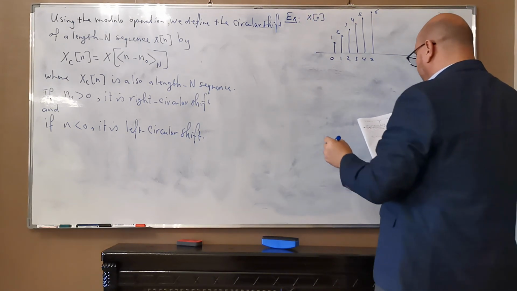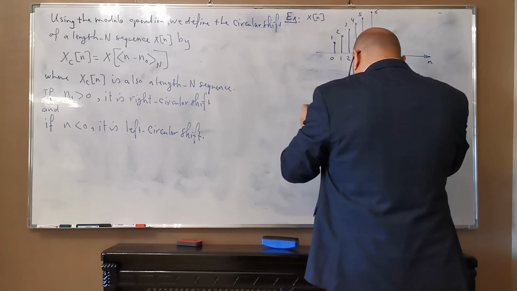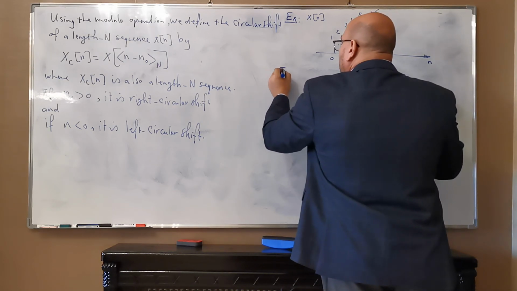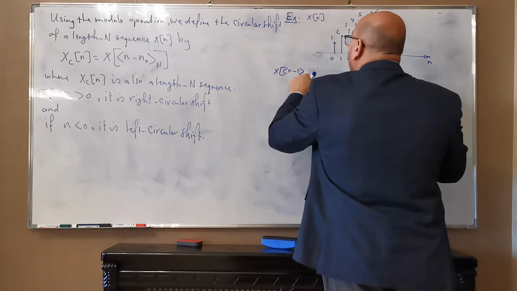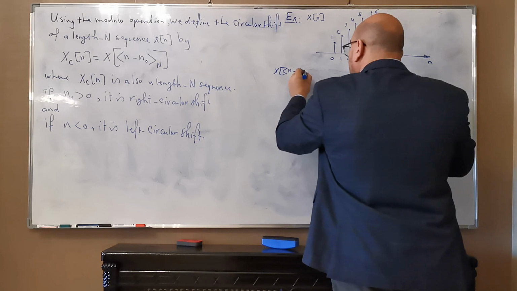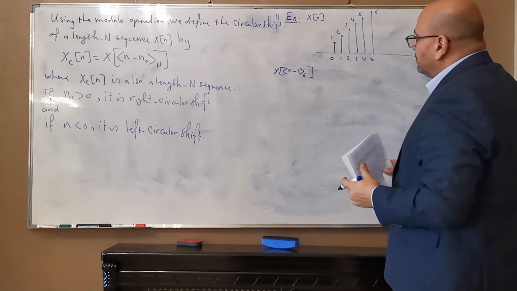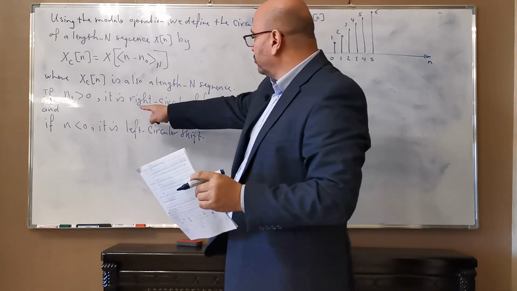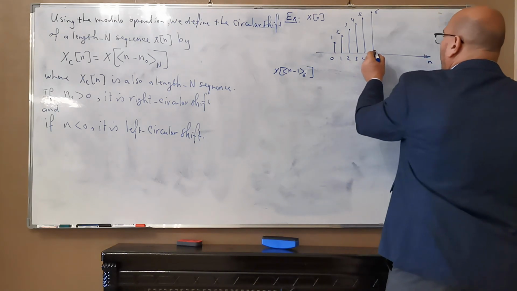Okay, I'm gonna do x of n minus 1 modulo 6, because that is how many elements we have. So minus 1, then you are doing a right circular shift. X of n minus 1, you shift it by 1.